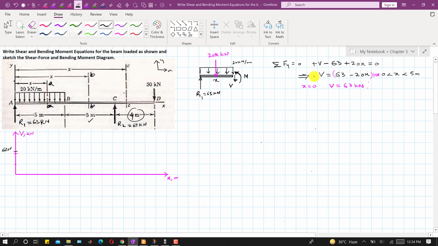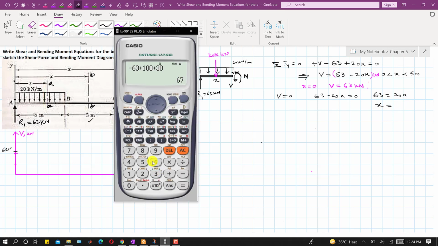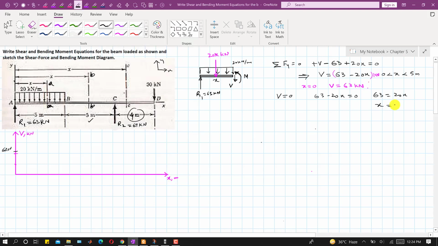And if we say that V is equal to 0, then this equation 63 minus 20x is equal to 0, or 63 is equal to 20x, so x is equal to 63 divided by 20, so this is 3.15 meters.